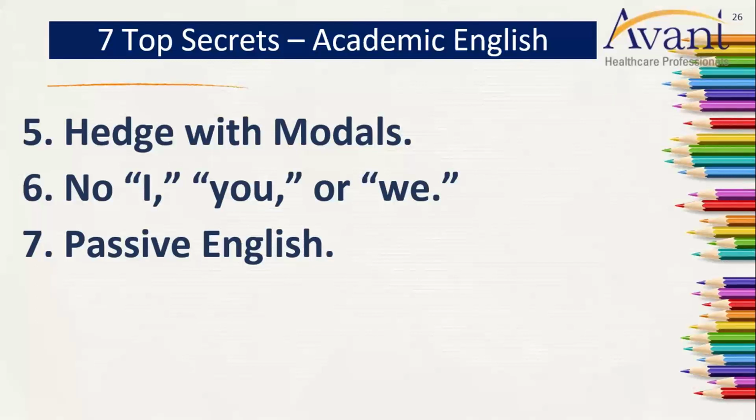You can hedge your language, and you want to, in academic English using modals. There's no I, you, or we. And also, you can use passive English to avoid using I, you, and we in your sentences. All right. So those are the 7 top secrets of academic English.